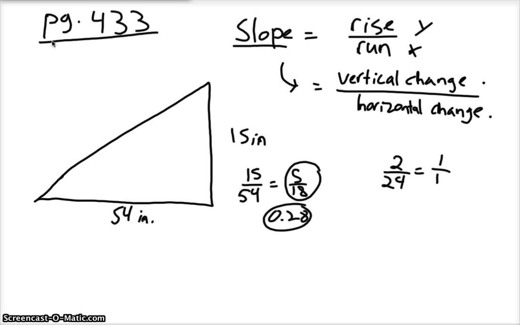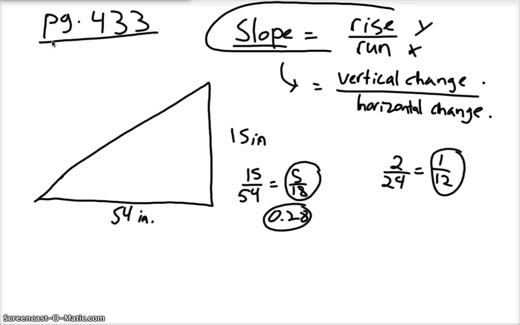So we simplify that down to 1/12. And that is our final answer. So for some of your problems, that's exactly what it's going to be like. They give you your rise and your run, and you just plug it into your equation right up here, and you get the final answer.